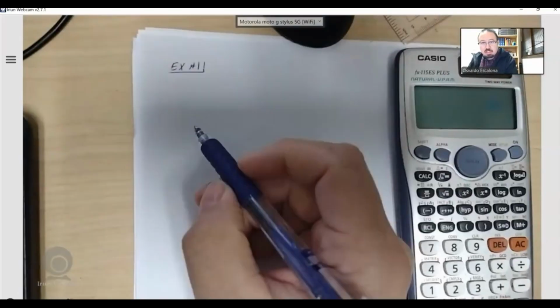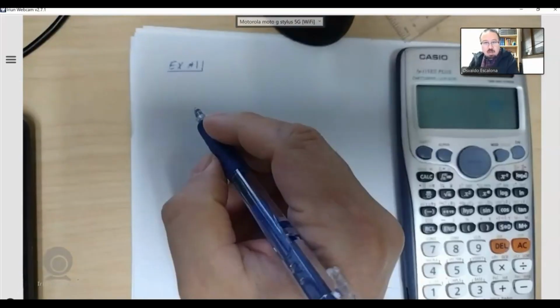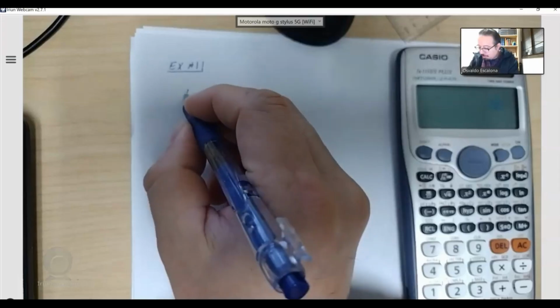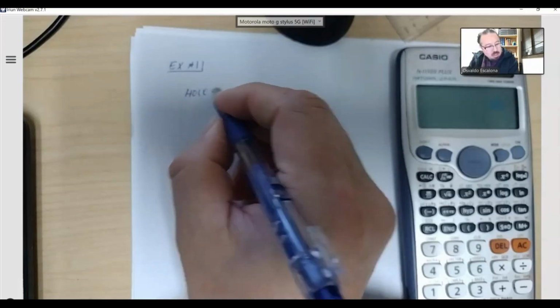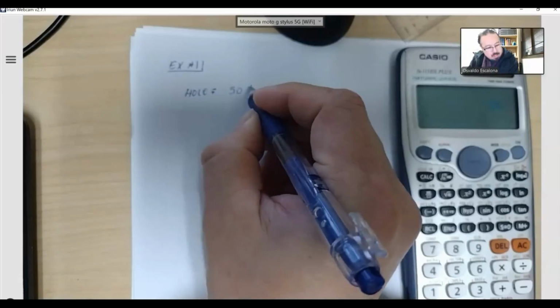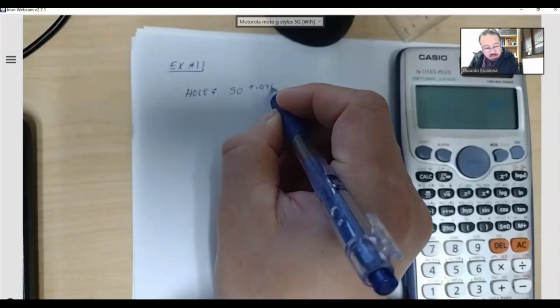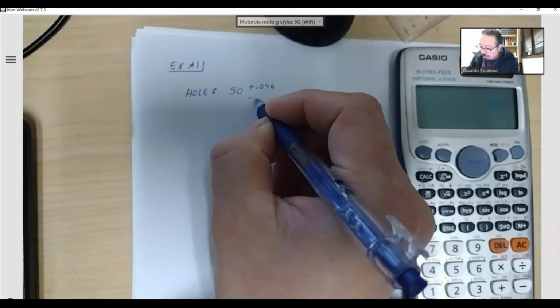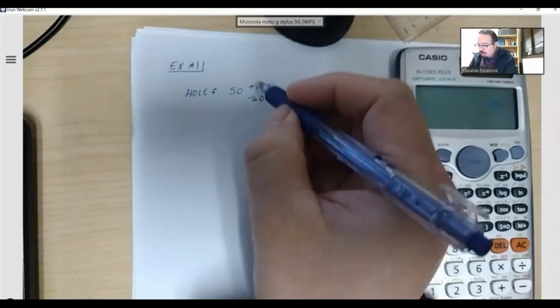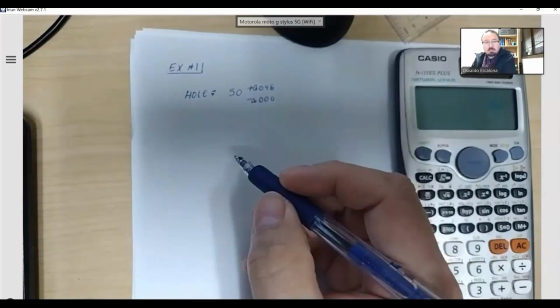All right, so for this example, I was given a hole, and my hole is 50 plus 0.046 minus 0.000. Let's call it 0.0006, something like that.